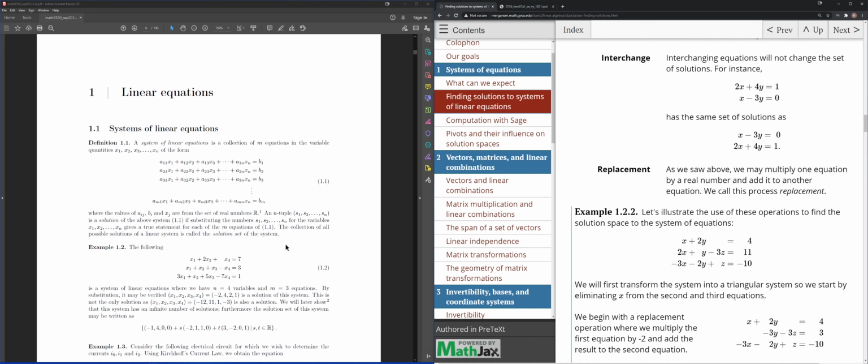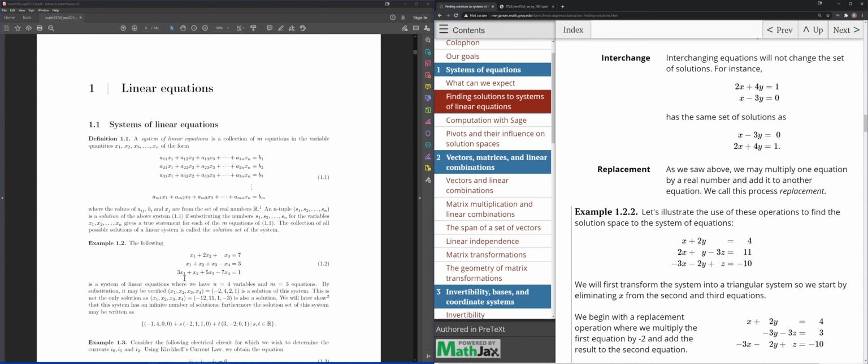For the next example of a more complicated system, it would be this one over here. Not that much more complicated. In this case I have four variables now, x1, x2, x3, and x4, and I have three equations: first equation, second equation, third equation.